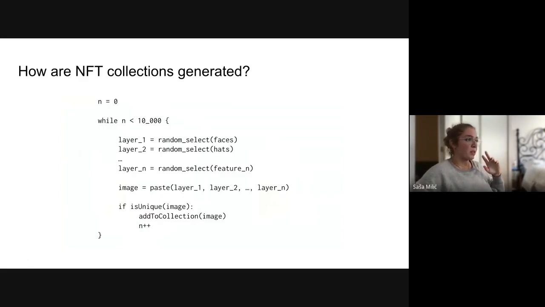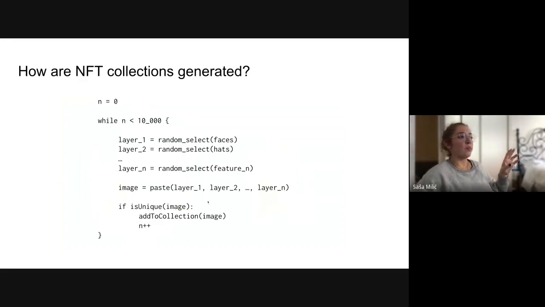So here's some pseudocode. This isn't real code, but it shows the procedure. Someone selects a face, selects a hat, selects some feature, and then all those things are pasted together.